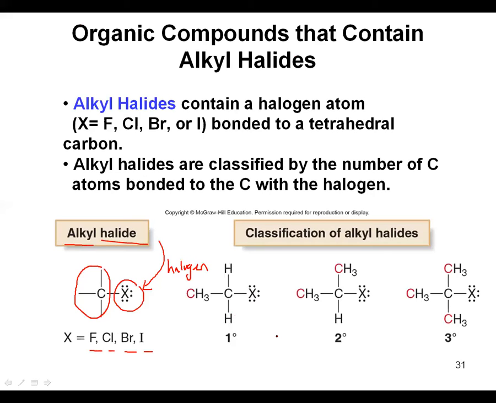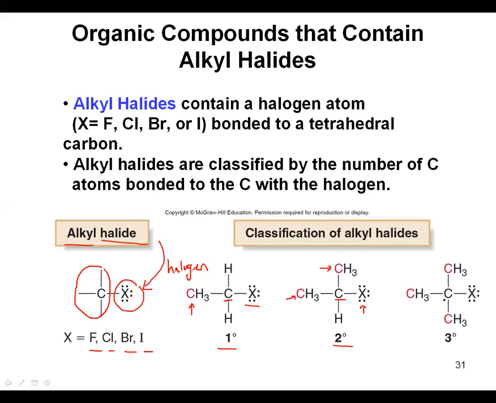You could classify these just like anything else as a primary, secondary, or tertiary alkyl halide. It works the same way. The carbon attached to the halogen here is attached to 1 carbon, so it's a primary. This one is attached to 2 carbons, and that would be a secondary alkyl halide.